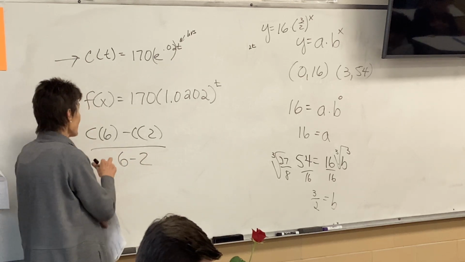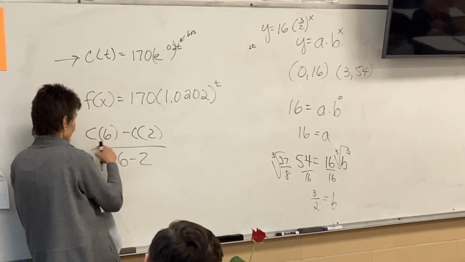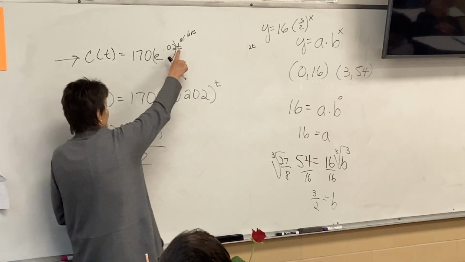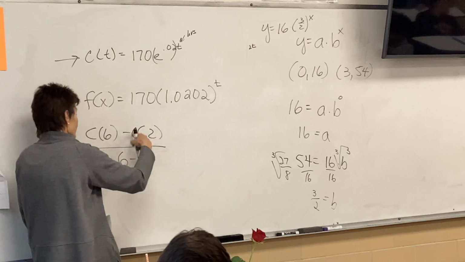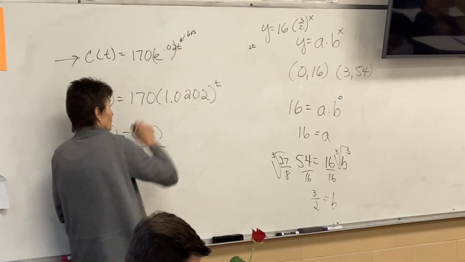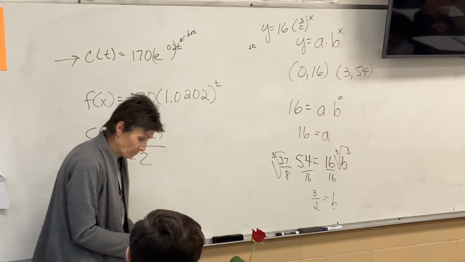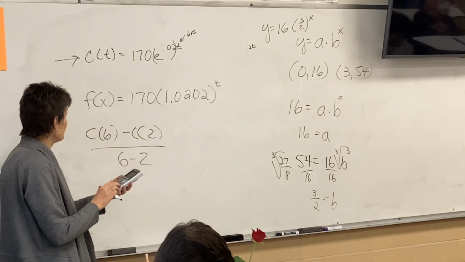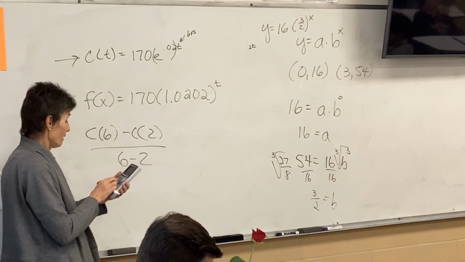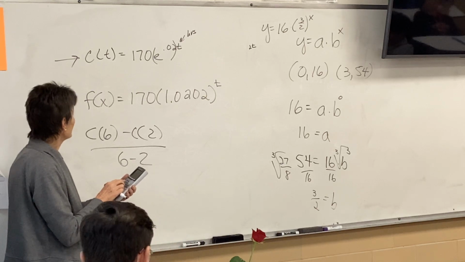So I'm gonna take out my calculator, I'm gonna figure this by plugging 6 in right there. I'm gonna figure this by plugging 2 in right there, subtract those and divide by 4. I'm gonna try to do this without round off error.